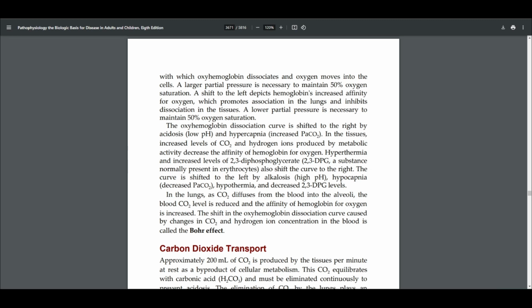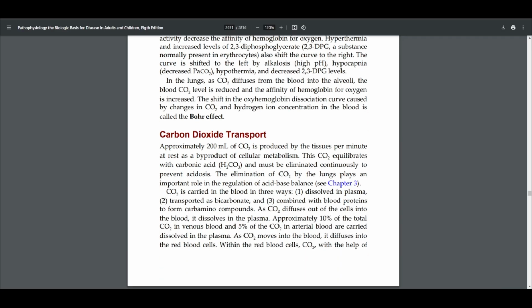However, you would notice that there is a decreased shift if you have alkalosis, hypocapnia, hypothermia, or low levels of that 2,3-DPG. So keep that in mind.